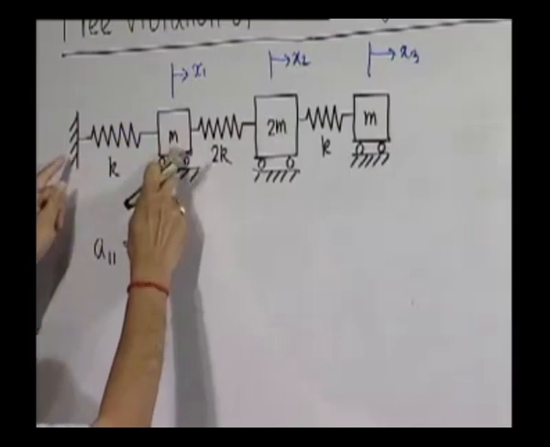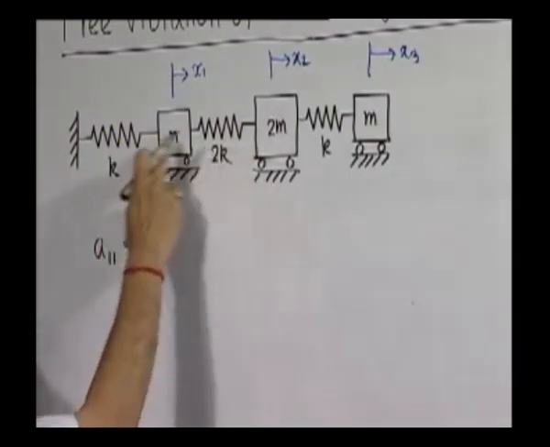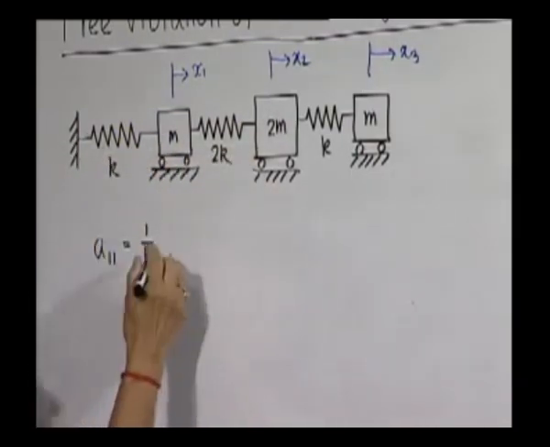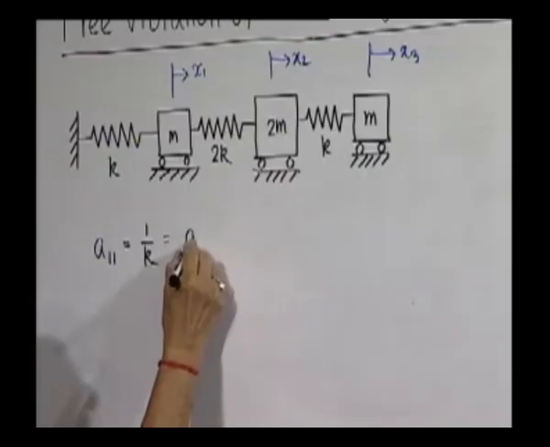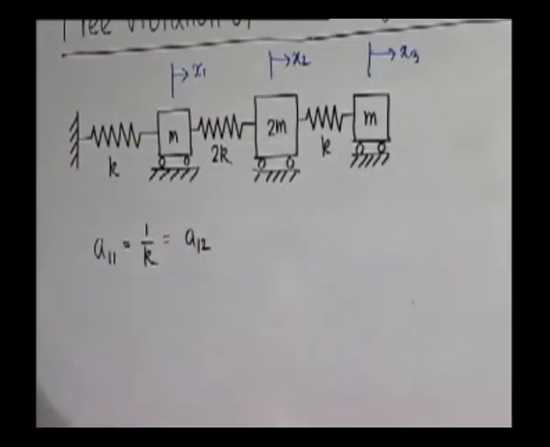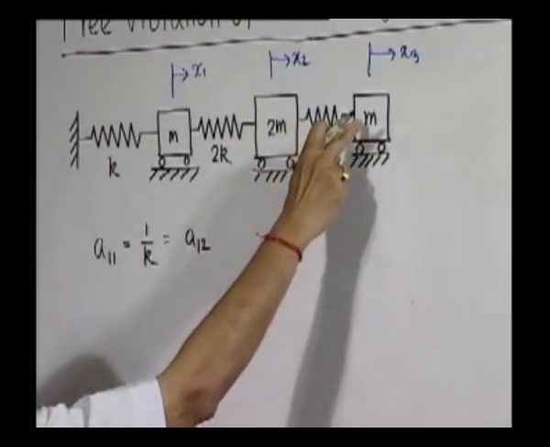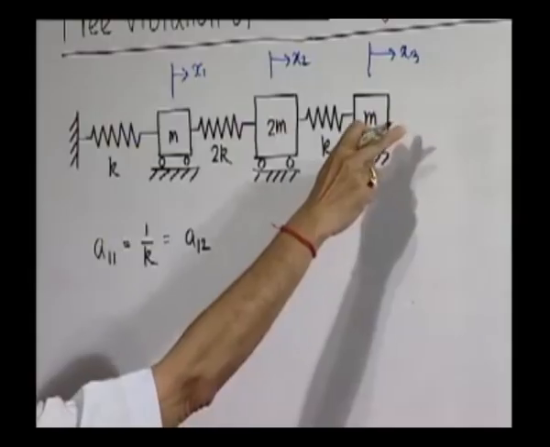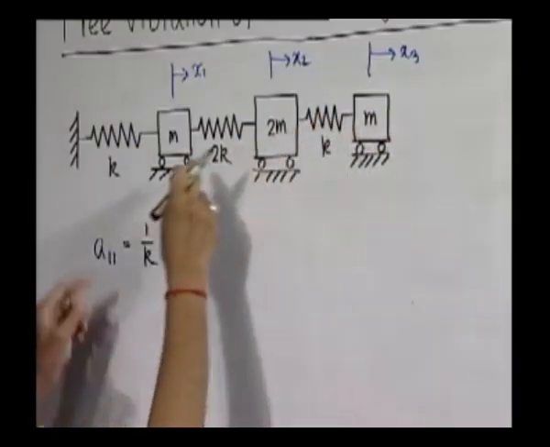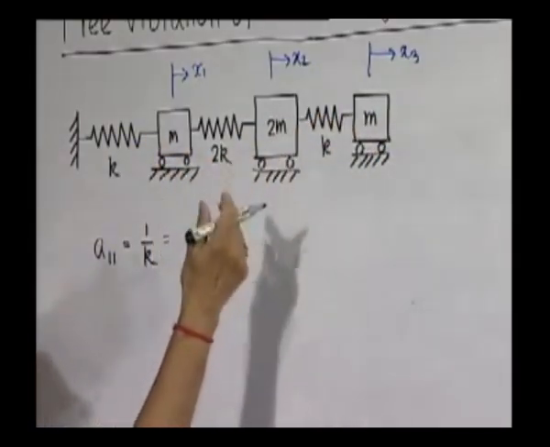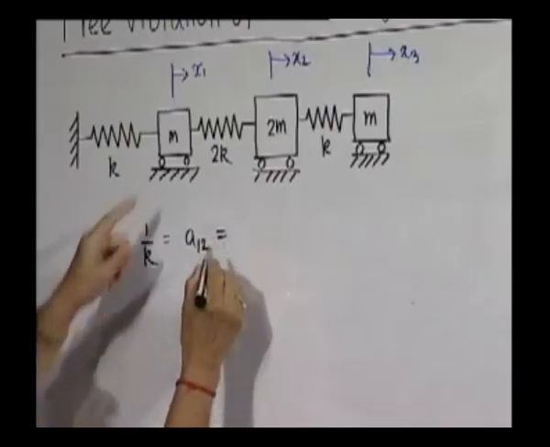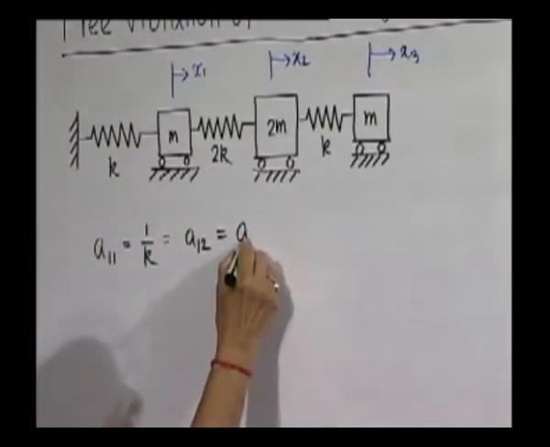Again, it is nothing but the stretch of this due to the unit load which is also passing through this. So, this will be simply 1 by K, A12 also. Similarly, if you apply a unit load at the third station, again the stretch of this spring will be the same, and that is the deflection of station 1.